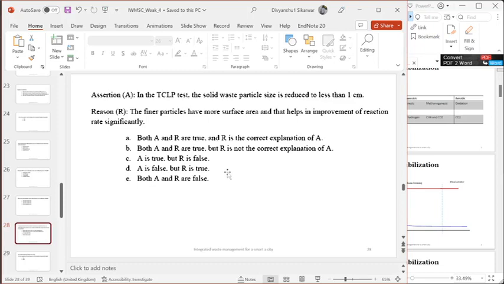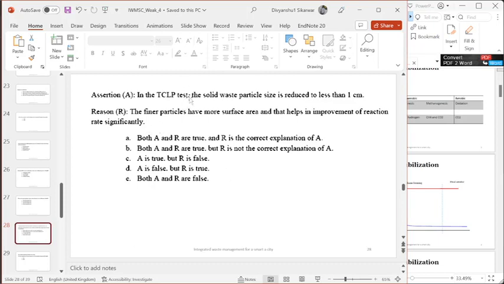Both are correct, and R is the correct explanation. A is the right answer.